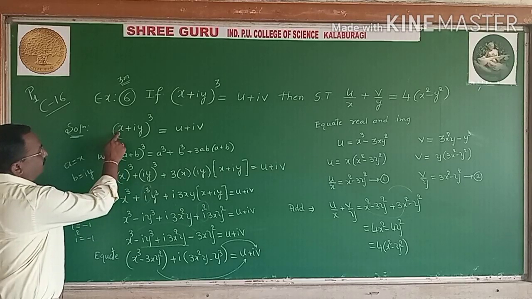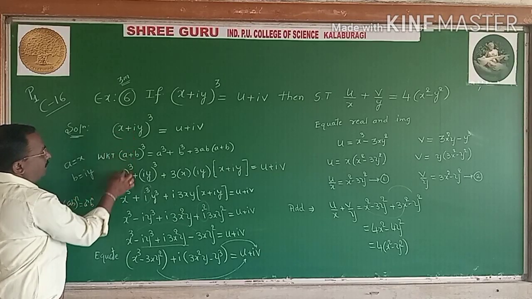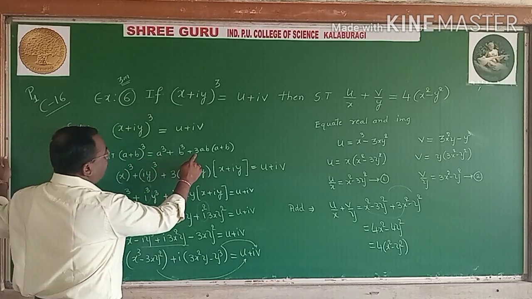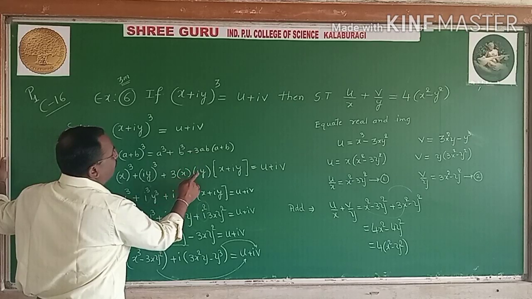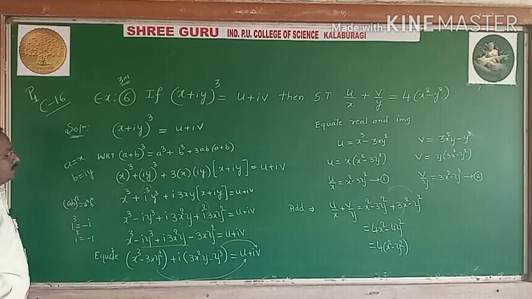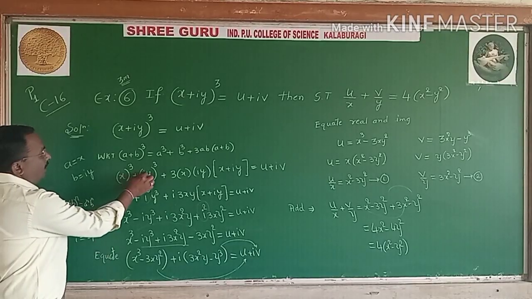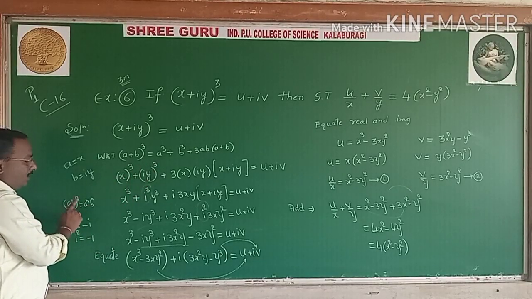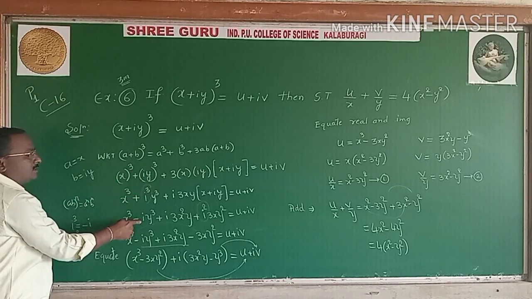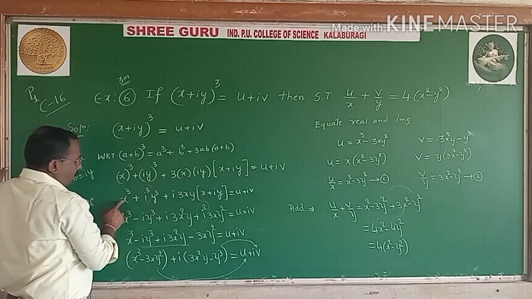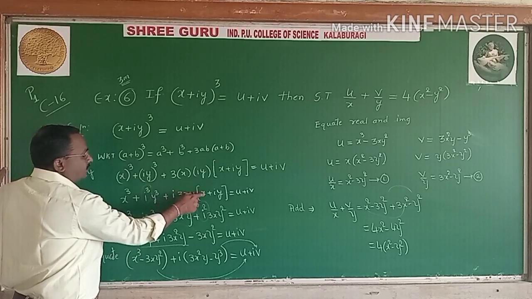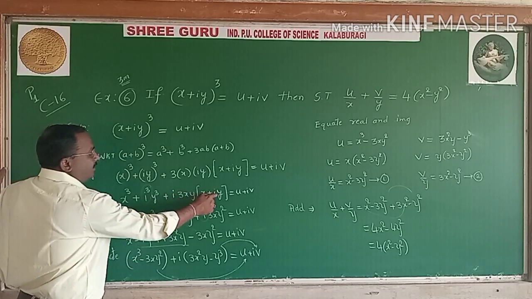Here a is x, b is iy: a^3 is x^3, b^3 is (iy)^3, plus 3ab(a + b) is equal to u + iv as it is. Here (ab)^n is a^n b^n, i^3 y^3. The i^3 value is minus i. This is multiplied: x^3 - i y^3, plus i times 3x^2 y, plus i into i^2.